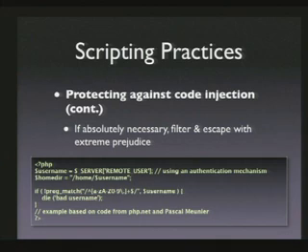As Pascal Meunier pointed out to me, you want to whitelist: certain characters are allowed, and if there is a character that is not whitelisted, it should die. That's a better approach than blacklisting, because if you blacklist, there's a very good possibility you're going to miss something.